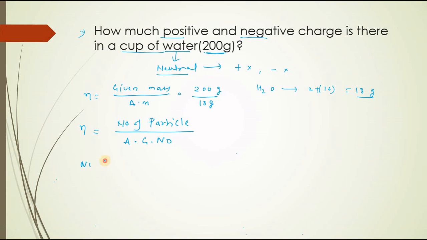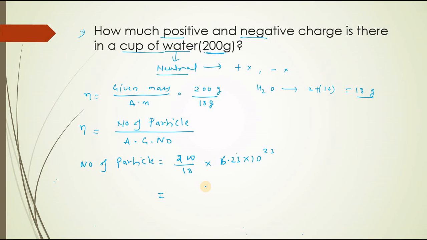So the number of particles will come to, let's suppose, 200 upon 18 times 6.023 into 10 to power 23. If you substitute the Avogadro number, you are going to get the number of particles. I'm assuming you can calculate this value carefully. Let me calculate.